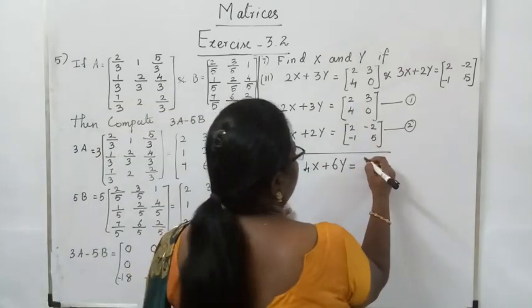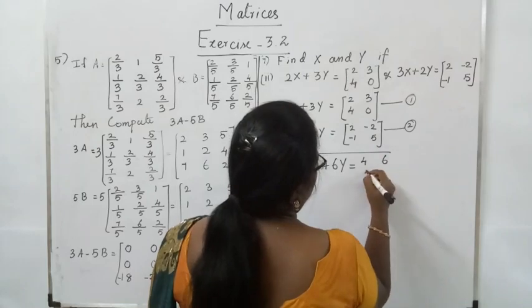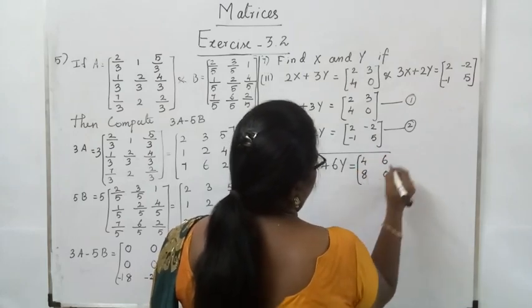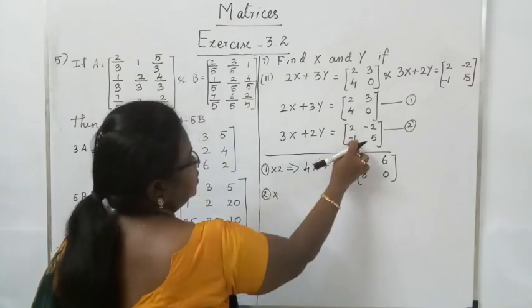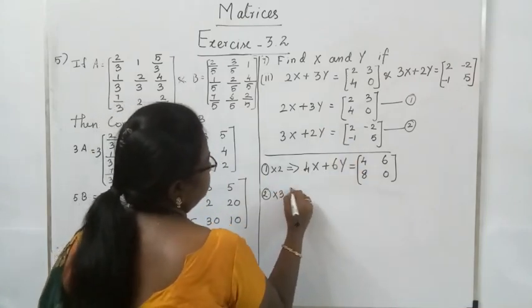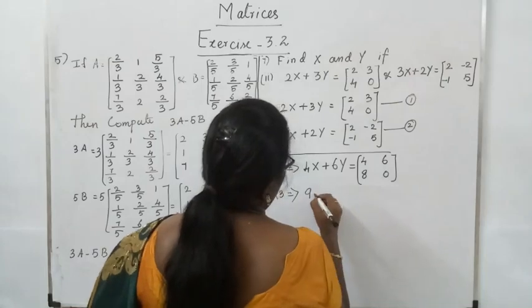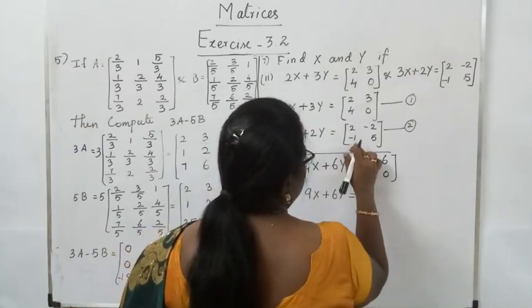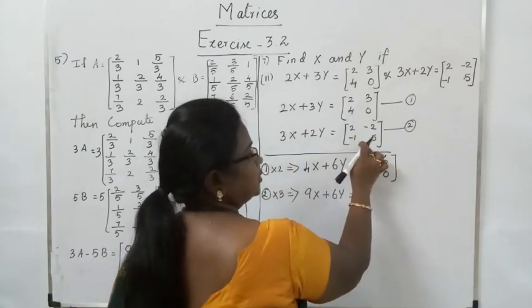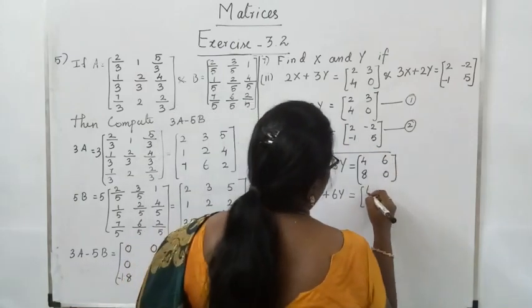So 2 twos are 4, 6, 4 twos are 8, 0. Now the second equation has to be multiplied with 3. The scalar 3 has to be multiplied with this matrix.